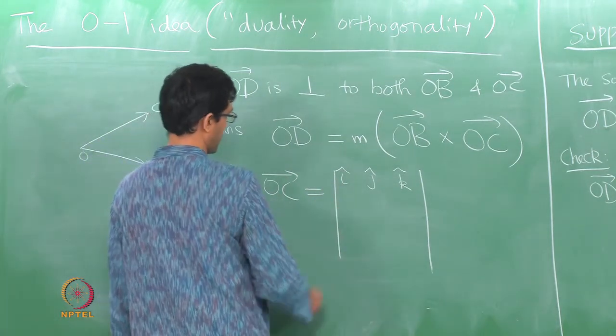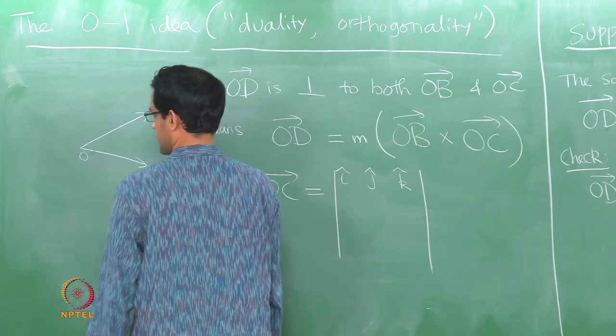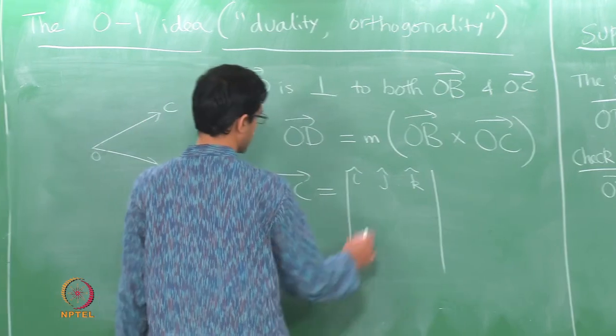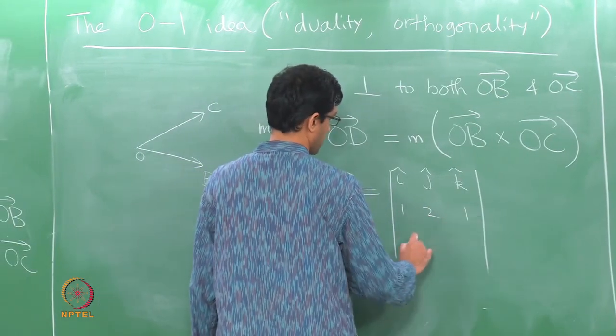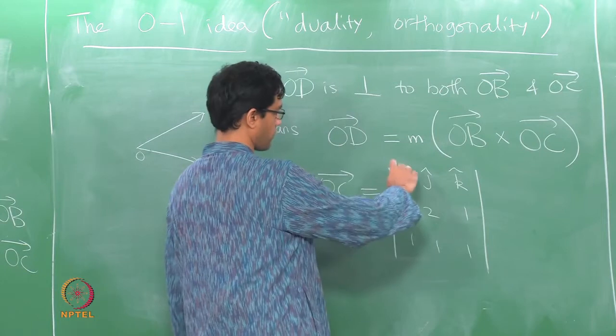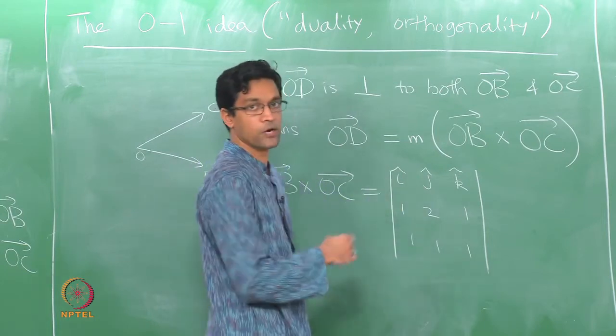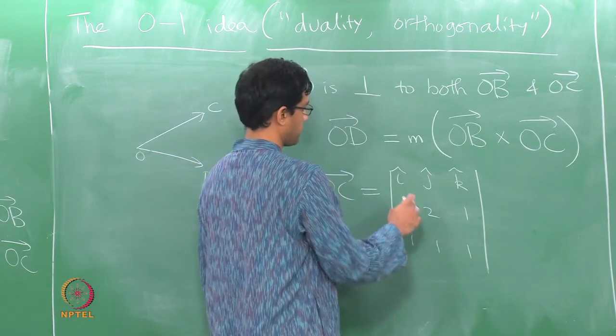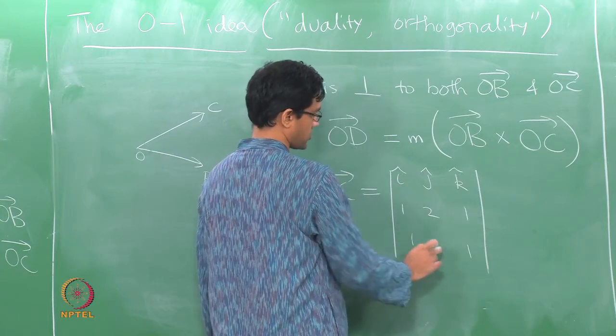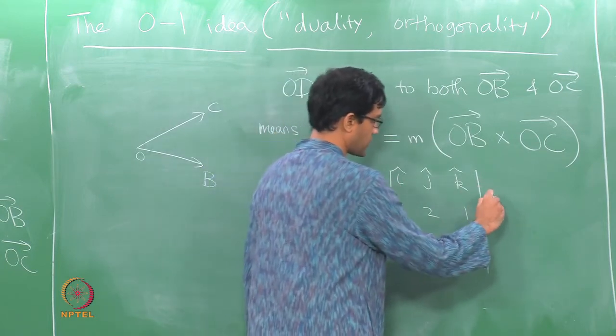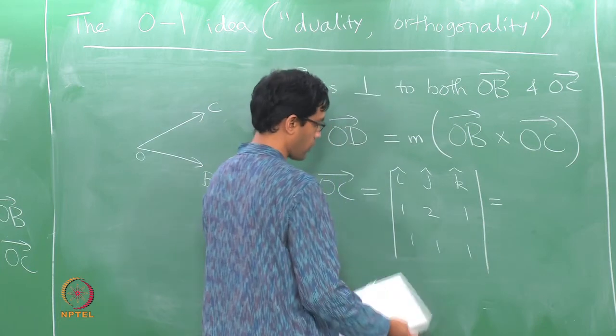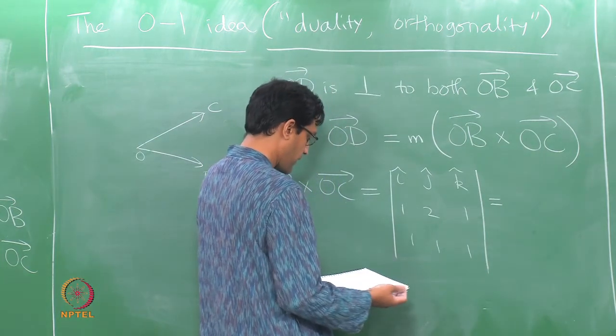You write a determinant i, j, k, and then the vectors, 1 2 1, and 1 1 1. This is a formal way of remembering what the cross product looks like. You say it's i times 2 minus 1 and so on. I am not getting into the rule itself, this is not too important for what I am going to do. Let me just write down the answer itself.